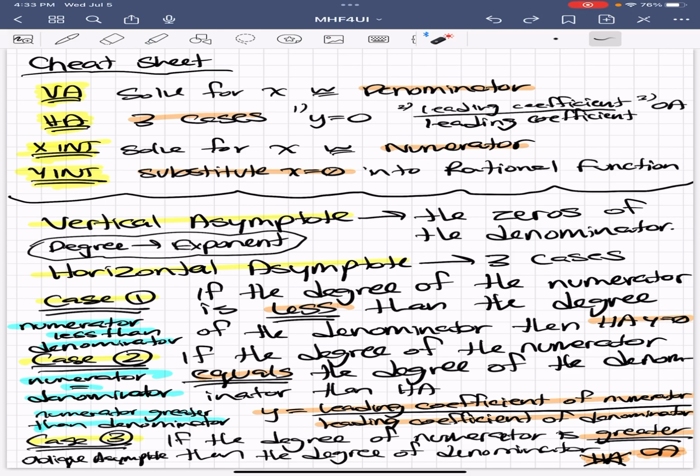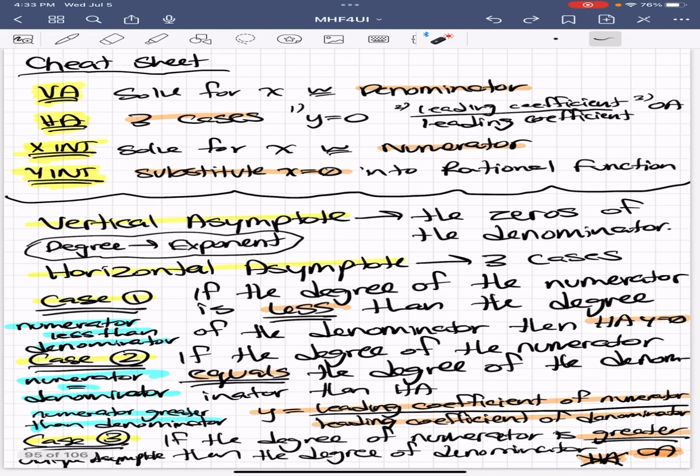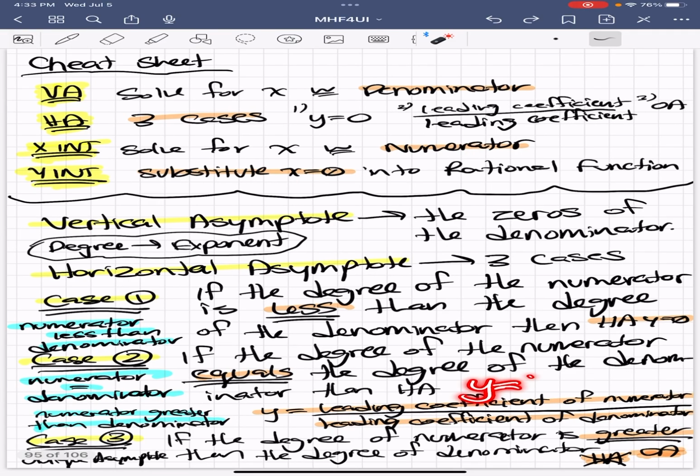Case number 2, if the degree of the numerator equals the degree of the denominator, then the horizontal asymptote would be the leading coefficient of the numerator over the leading coefficient of the denominator. For example, y equals (3x plus 1) over (2x plus 1). The horizontal asymptote would be y equals 3 over 2.